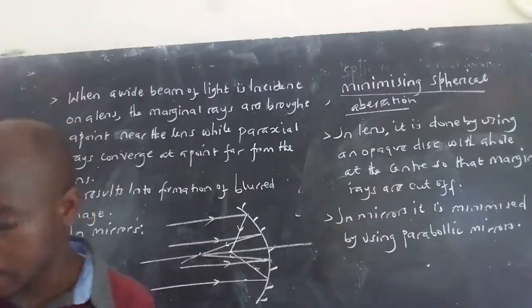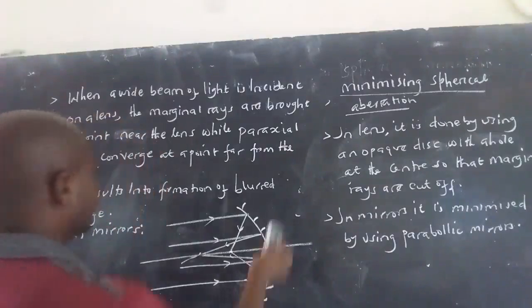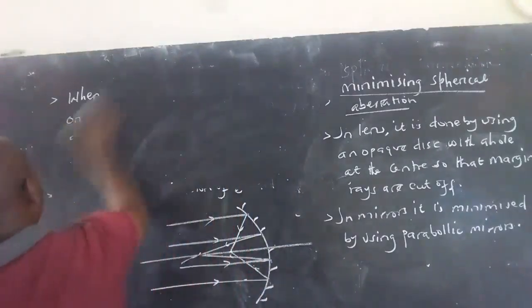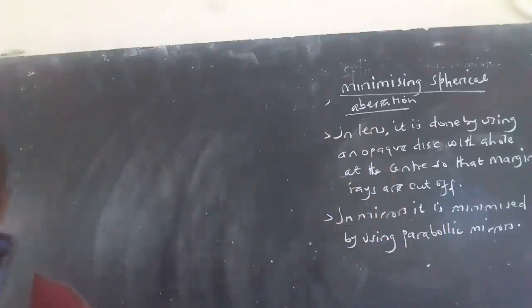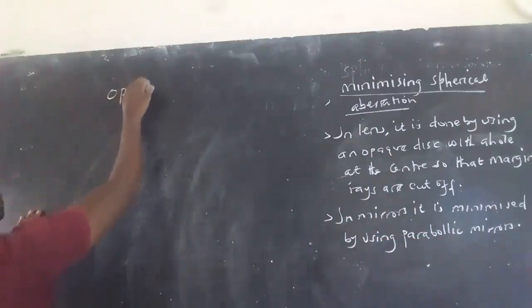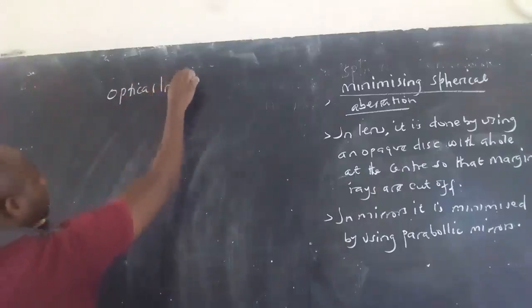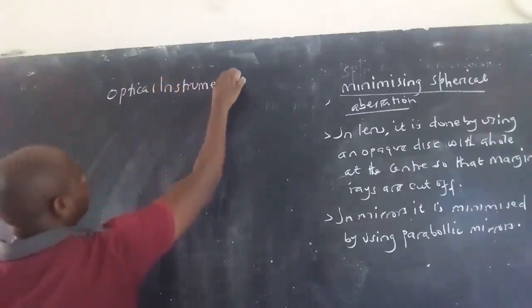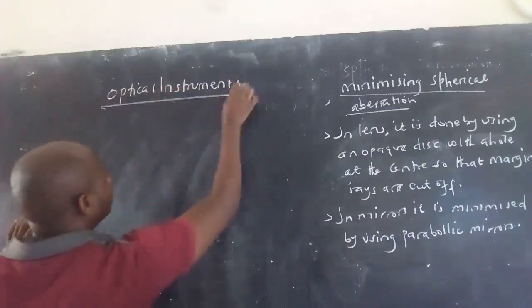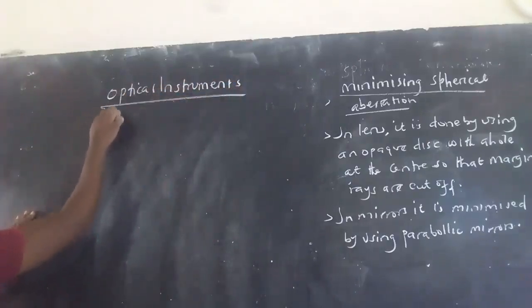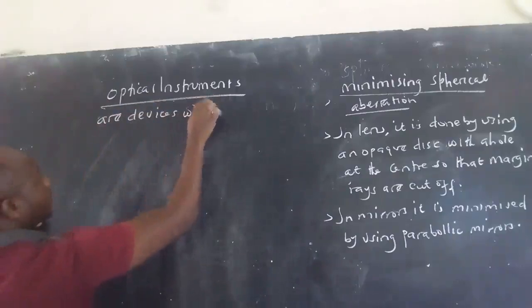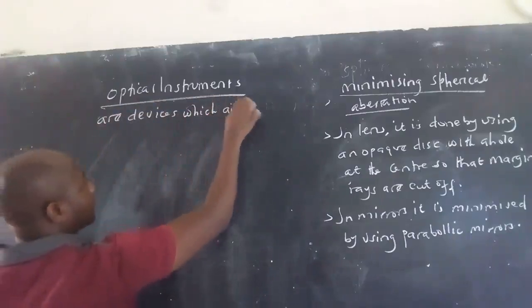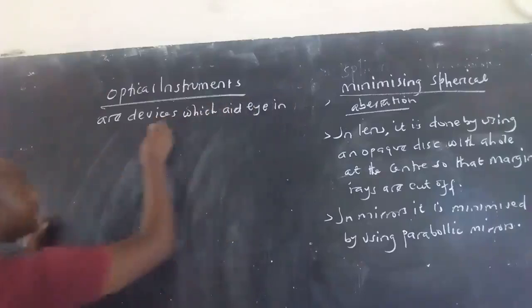Then we can move on and start another subtopic. This is called optical instruments. These are devices which aid or help the eye in viewing.